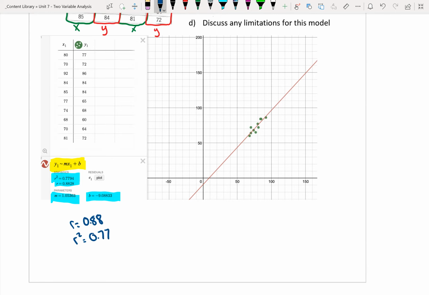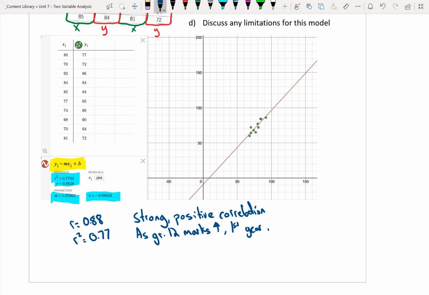Based on this value, I can say that it is a strong positive correlation because my r value is close to 1. And I can say that as grade 12 marks increase, first year marks also increase.